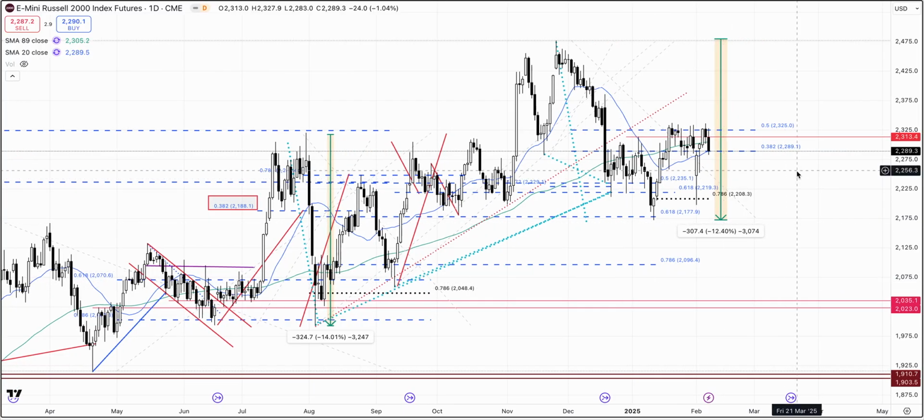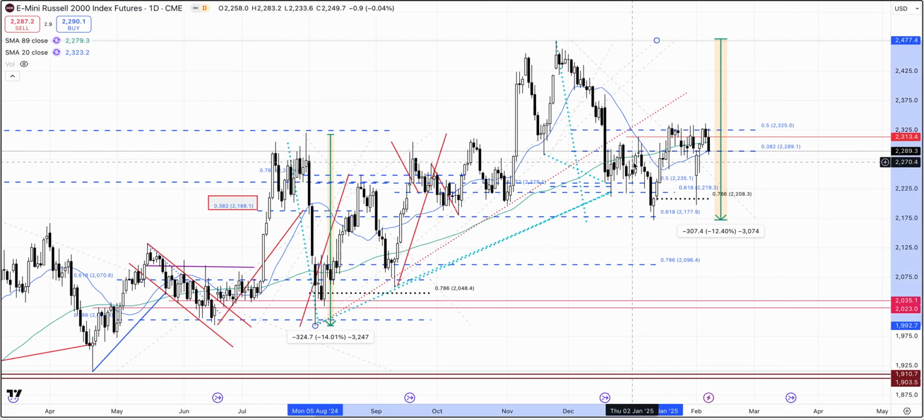You can see that it basically retraced about 50%, but it's just gone nowhere. So in comparison to some of the other indices like S&P 500, it remains weaker and more range bound. This 61.8% retracement, which came in from the lows way back on 5th of August 2024, is still kind of providing the support.